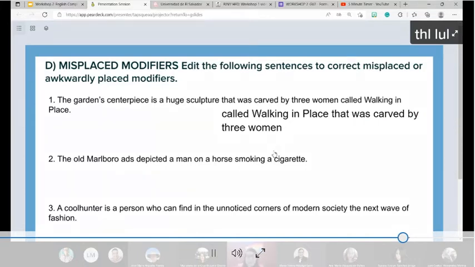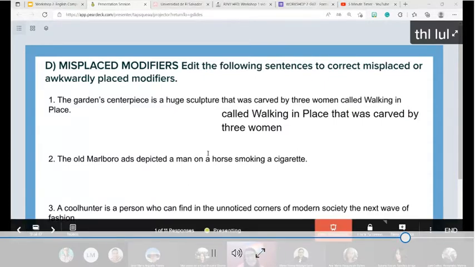Now let's see number 2. It's shorter, so probably will be easier. The old Marlboro ads depicted a man on a horse smoking a cigarette. So who was smoking? Was it the man or the horse? The man was smoking.